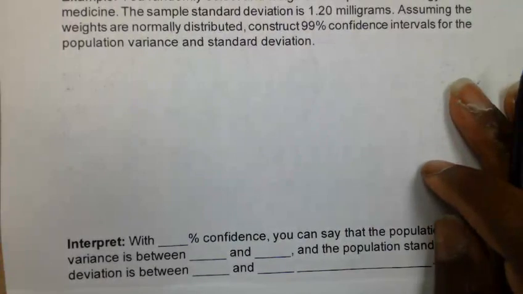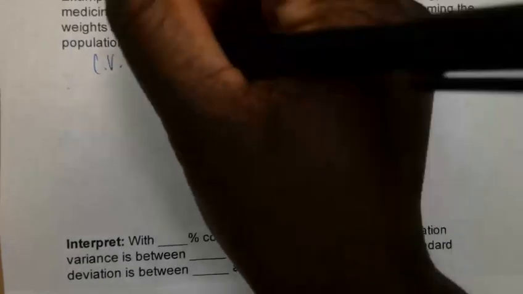All right, so first we need to find our critical value, and we have two.